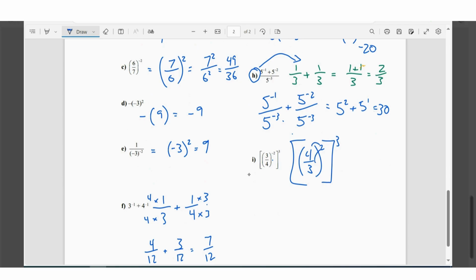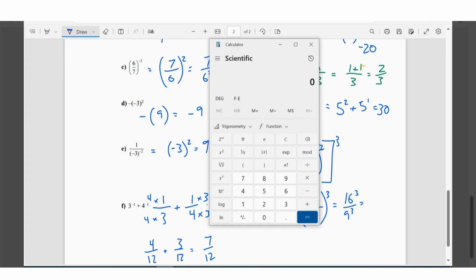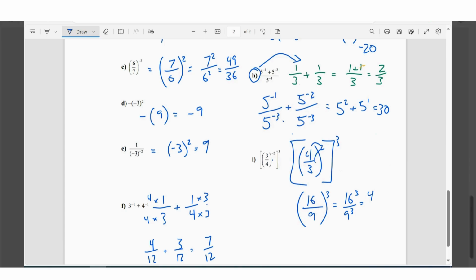So we end up with 4 squared, so 16 over 3 squared, 9, and that's to the power of 3. So you end up with 16 cubed over 9 cubed, and that equals, what is that? 16 to the power of 3, 4,096 over, I think, 9 times 9 times 9. 729.